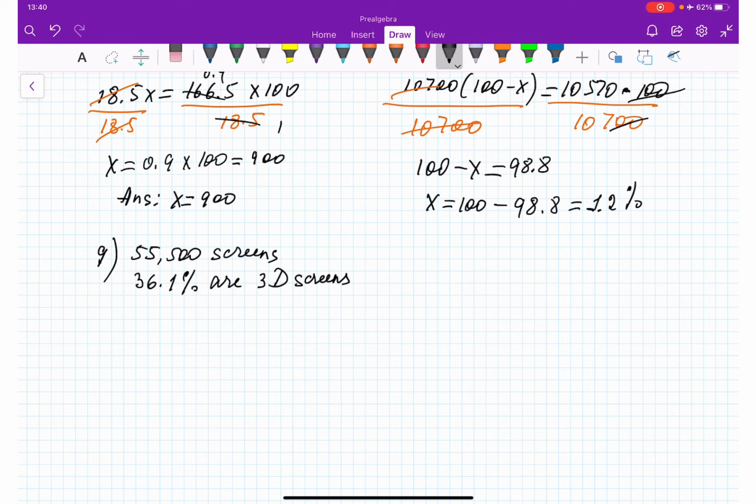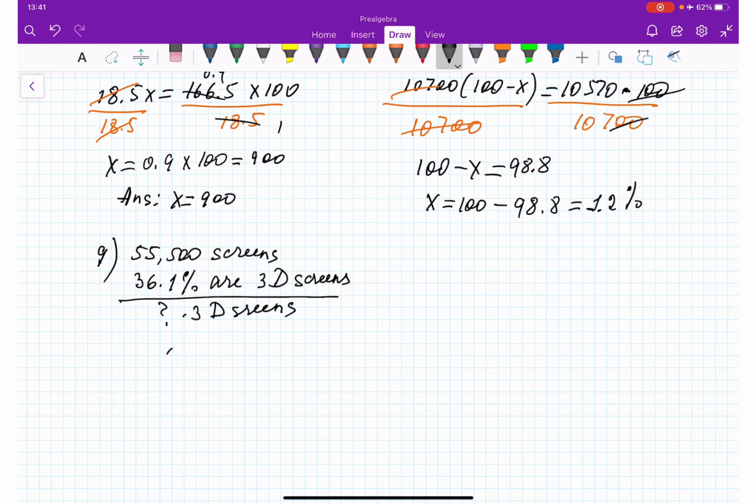All right. So, question mark of 3D screens. Let's read the question one more time and make a proportion. There were about 55,500 cinema screens in a country.